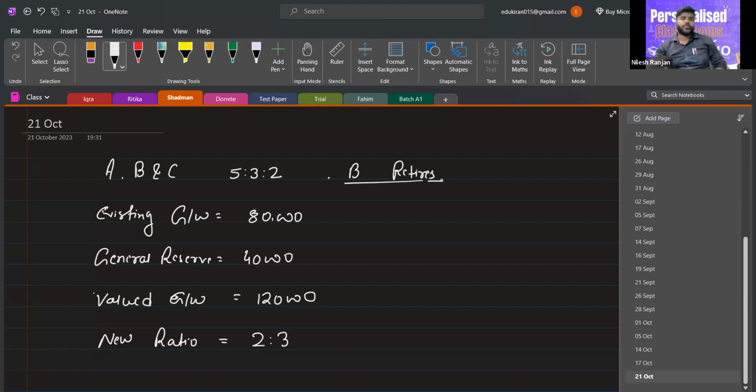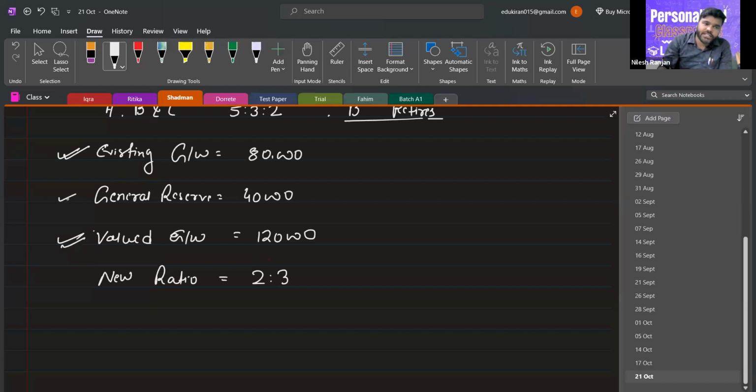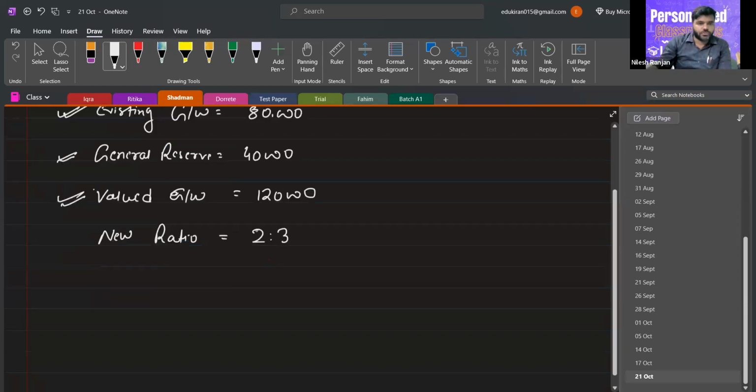Let me clear this portion for you so that it will be easy for you, because sometimes it creates problems. First of all, there are three things: existing goodwill, separate treatment; valued goodwill, separate treatment; and general reserve. This is our accumulated profit or loss or general reserve.